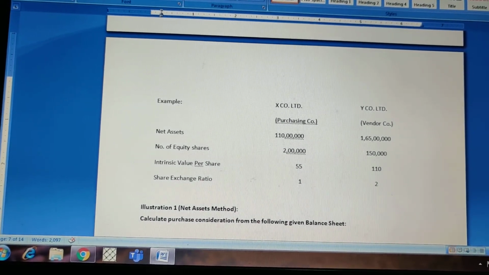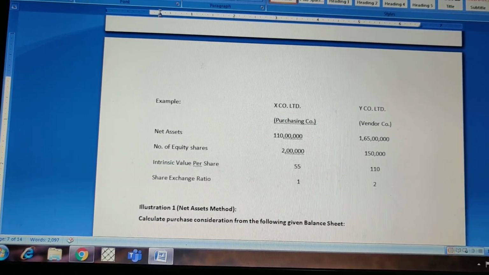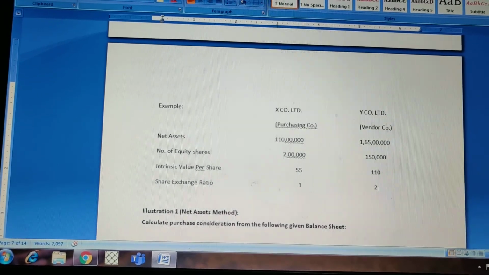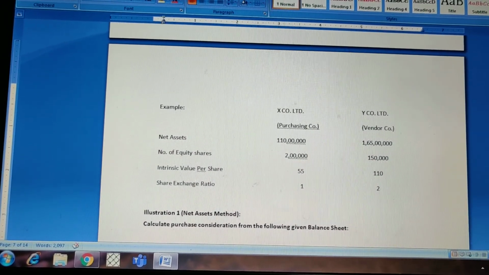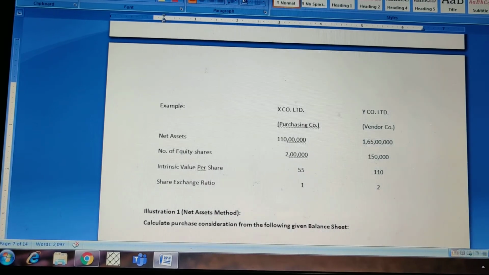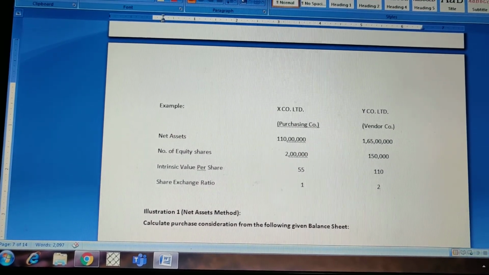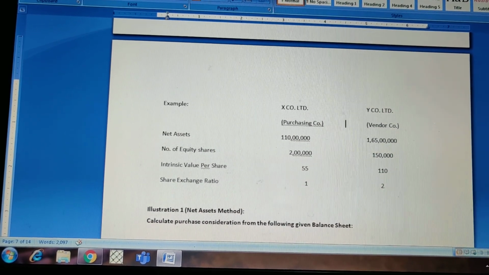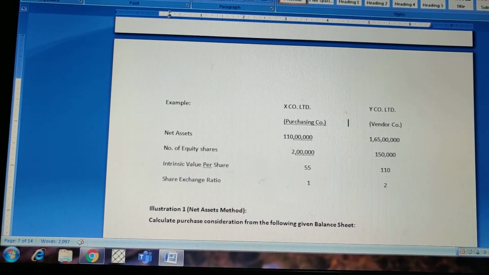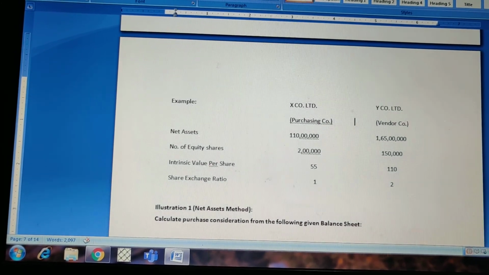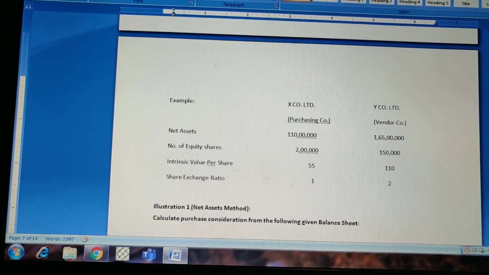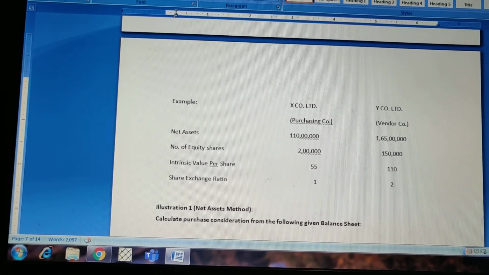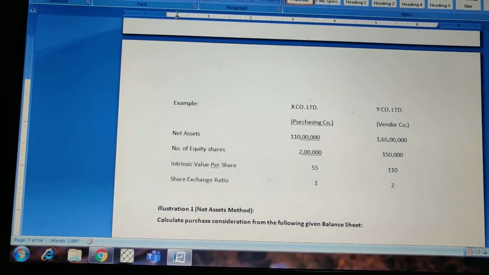Okay, if both the companies are going into amalgamation, that means the vendor company, Y company, gives all its assets to X company, then X company will give shares to Y company in return. So they are calculating the worth per share for their company. Y company has 1,50,000 shares, X company has 2 lakh shares, and they calculated the intrinsic value per share as 55 and 110.